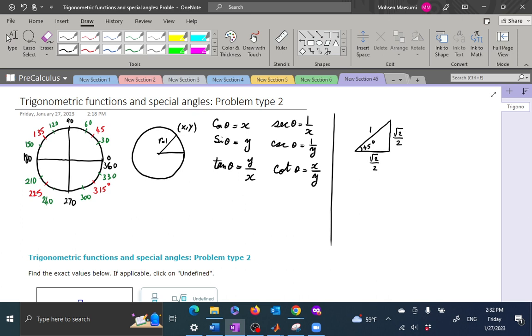These two numbers are like coordinates of this point 45 degrees.